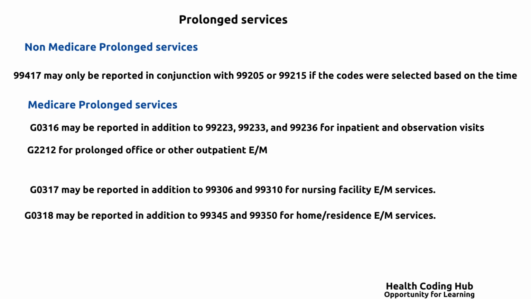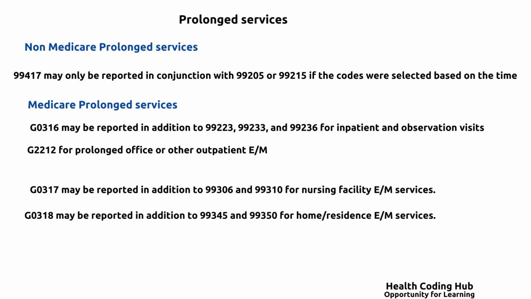So you can only bill for the prolonged care once you have hit 30 minutes. For example, say 99223 represents 75 minutes, you can bill for the G0316 code once you have reached 105 minutes of prolonged care.